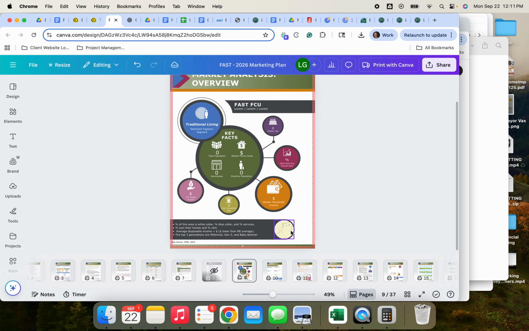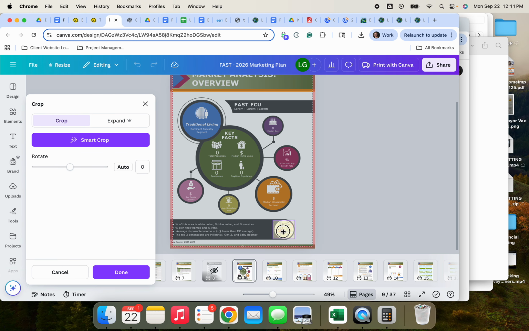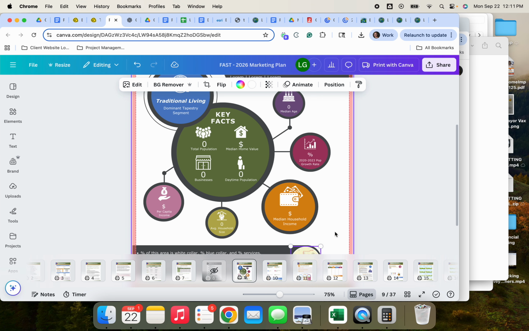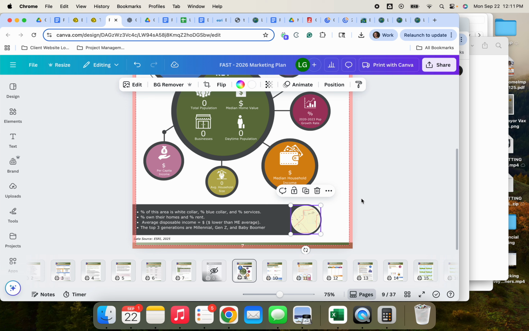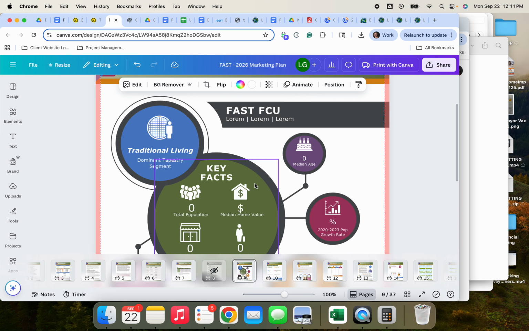So I will drag this here and probably want to move this a little bit there. Good enough. Yeah, so that just shows that there.